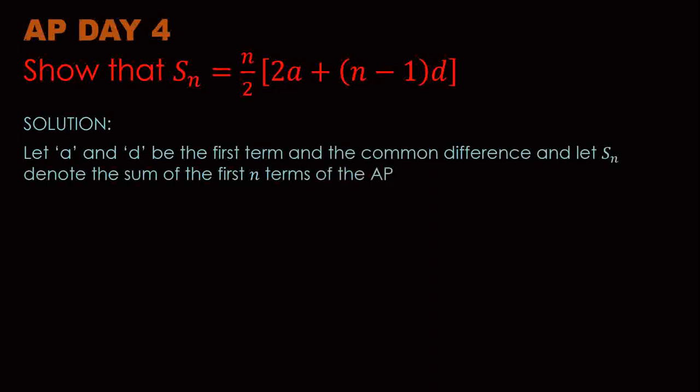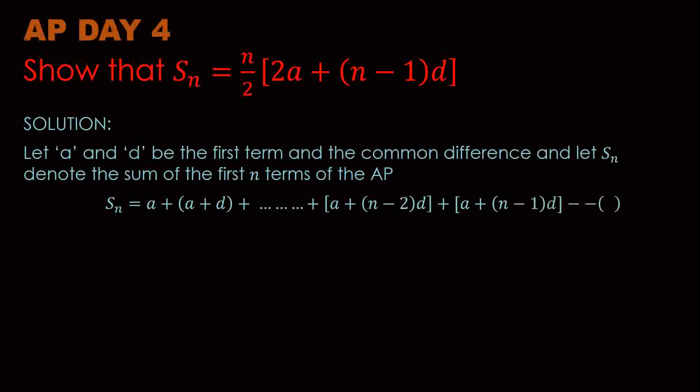So Sn equal to, now we all know how to represent an AP. The first term is a, the second term is a plus d, the third term is a plus 2d, and so on. We are going to add the AP now.